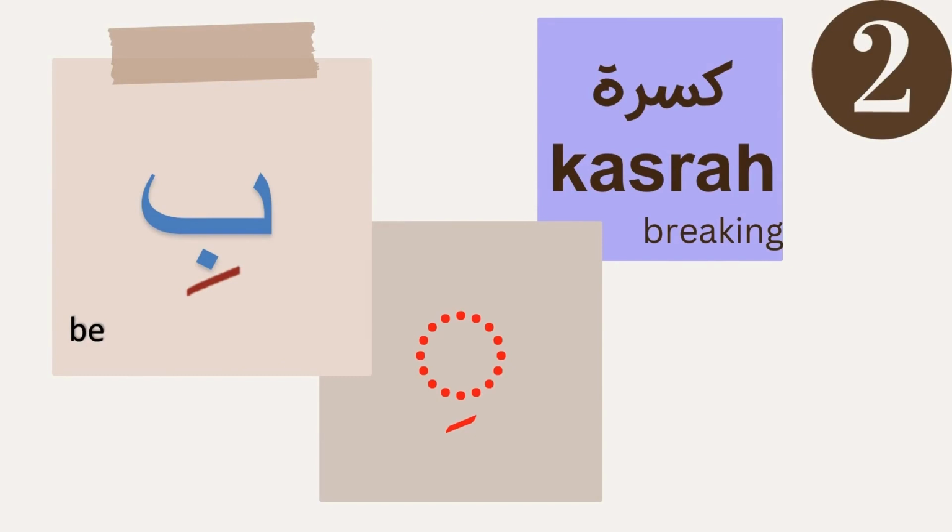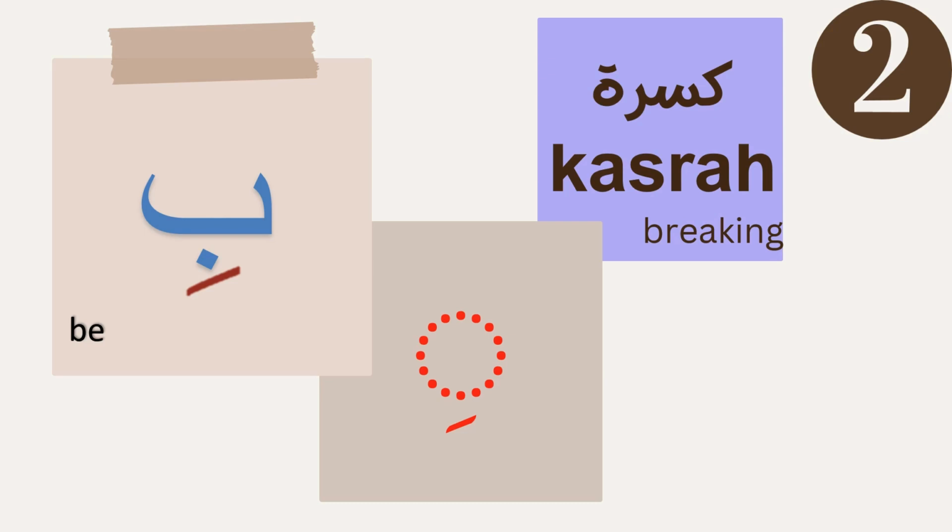Second one is Kasra. Kasra is so similar to Fatha. It's also a little diagonal dash, but this time it's put under or below the letter. And it gives us this E sound.